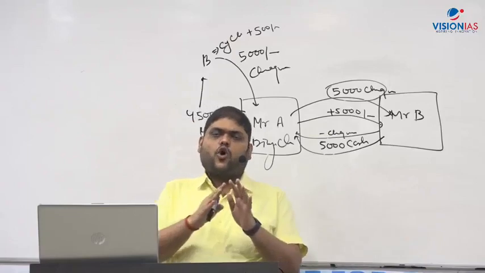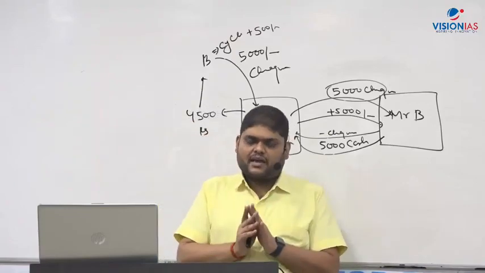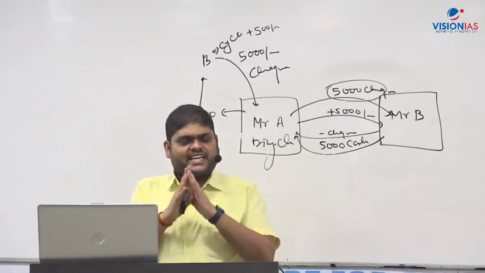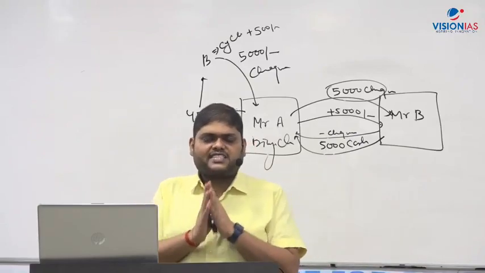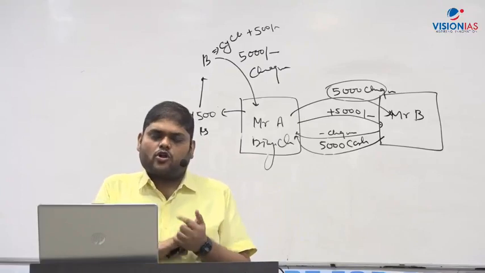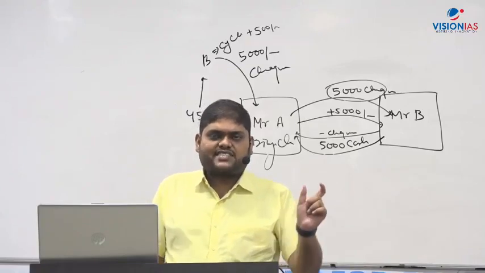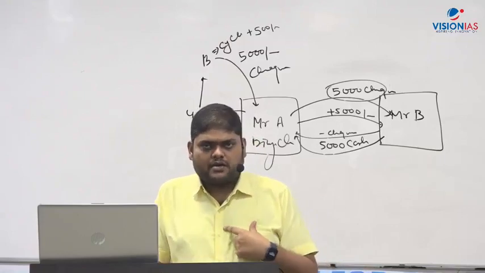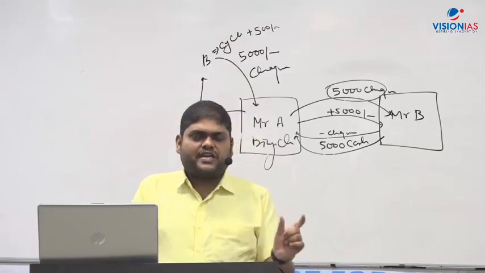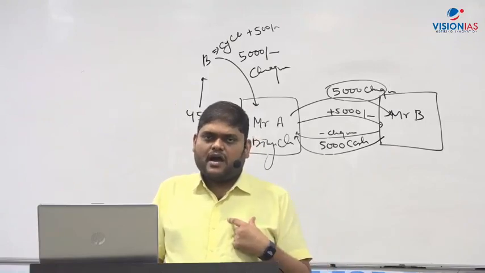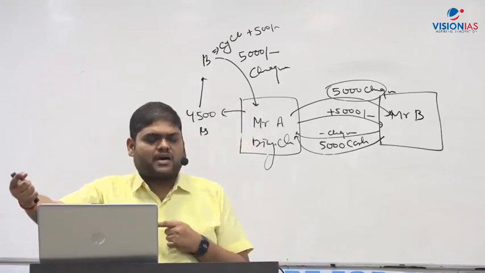Now in this whole process, tell me, is there any loss to me? If I say no, why is there no loss? Because that 2,000 rupees note which has some cut belonged to me, and I gave that note to somebody.